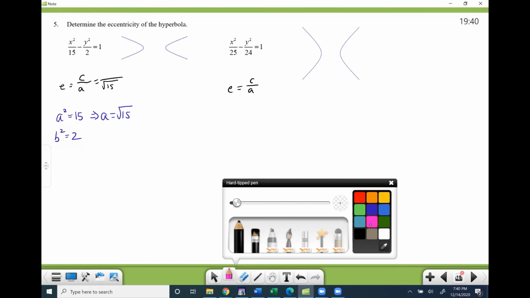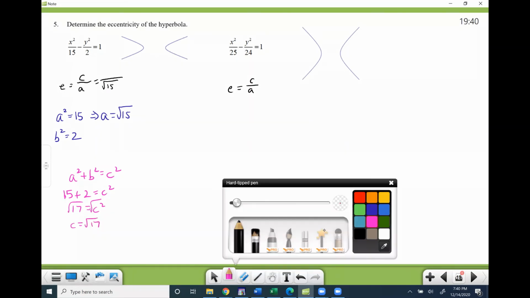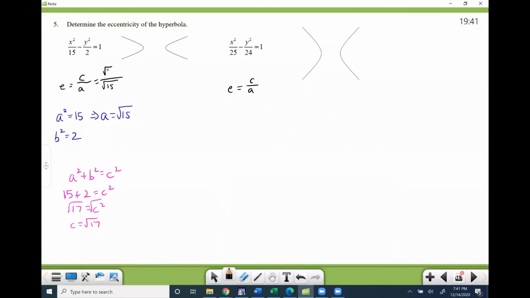Since it's a minus sign, a squared plus b squared should get us c. So we plug in the a squared, plug in the b squared, square root both sides, c equals root 17. So we're going to put root 17 up here.